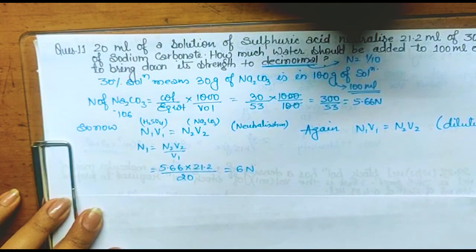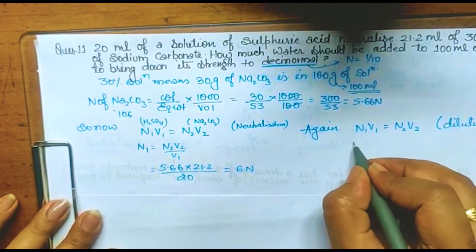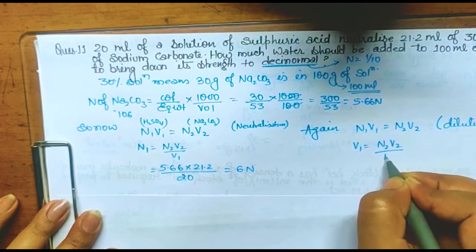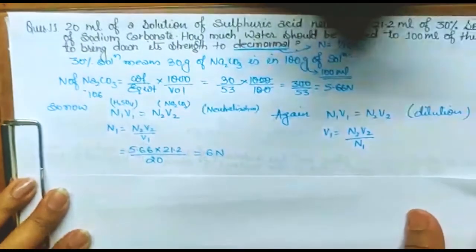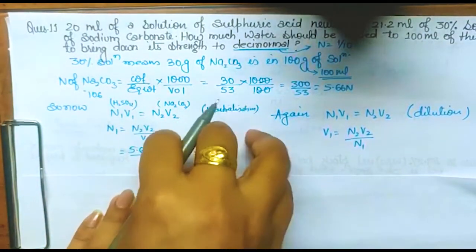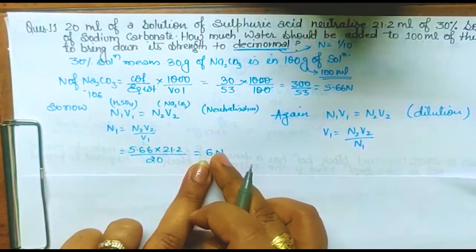Clear? So here it is asked how much volume we will add. So V1 we have to find, this is N2V2 upon N1. What is this N2 over here? Now I said this H2SO4 is 6N, that is the N2.